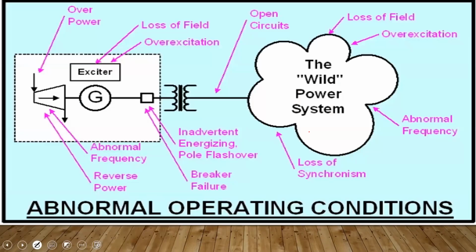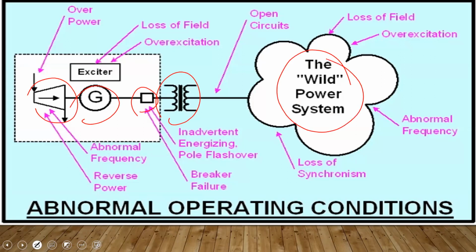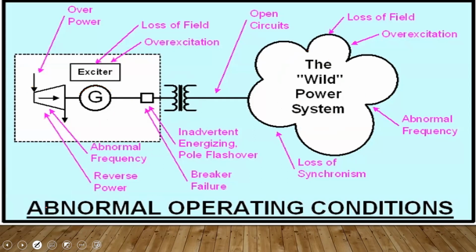This is a power system. What we have here highlights our power system. We have our prime movers, we have our generator, we have our circuit breaker, your transformer, and maybe I should say the whole power system. There are so many things that can happen in your power system from the prime mover side.